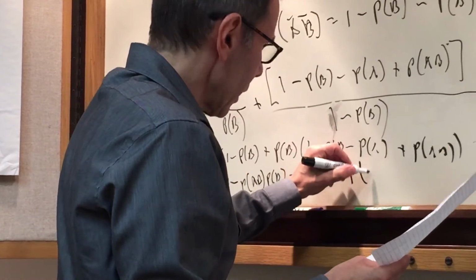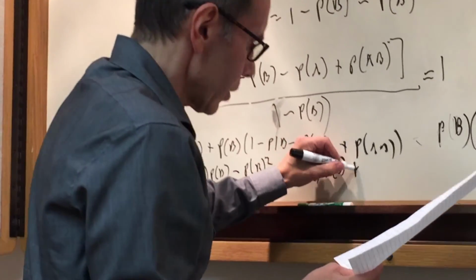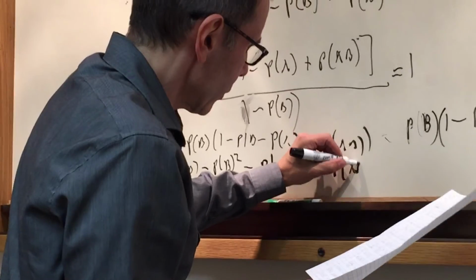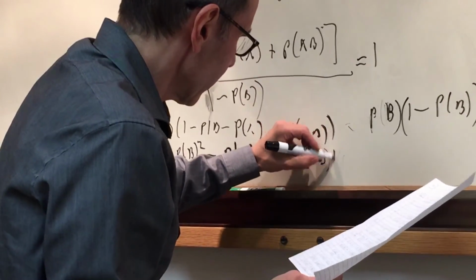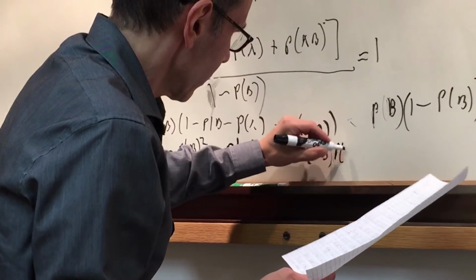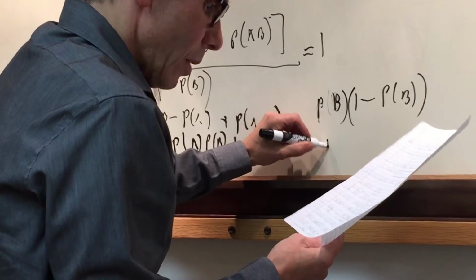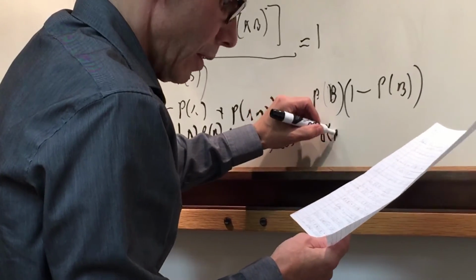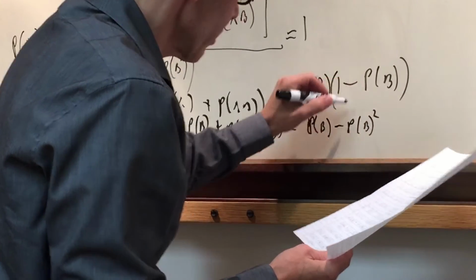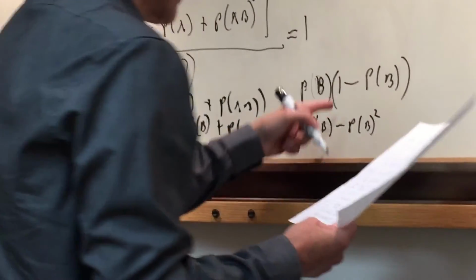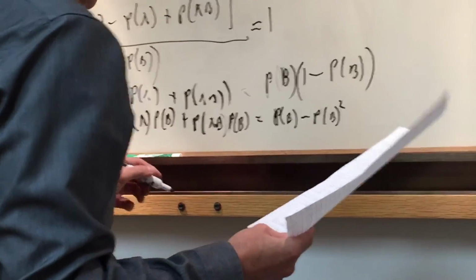Minus probability of A times the probability of B plus probability of A intersect B times the probability of B is equal to probability of B minus probability of B squared. That should be P squared B. No, I think it's better to have that probability squared B. It's the same thing, right?